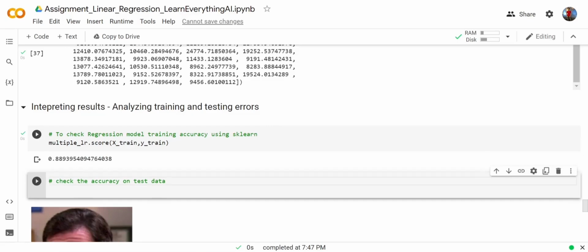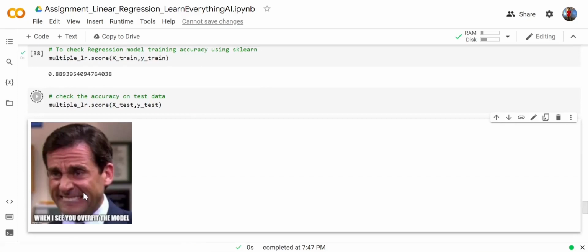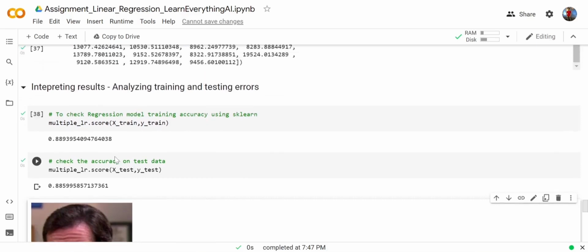So we get a score of around 89%. And can you see what a great improvement it is? From 32% accuracy, we are predicting the training data with 89% accuracy. And we will do the same thing now for the testing data to see if our model is not overfitting. And as we can see, it is certainly not overfitting because the x test and y test values are around the same.